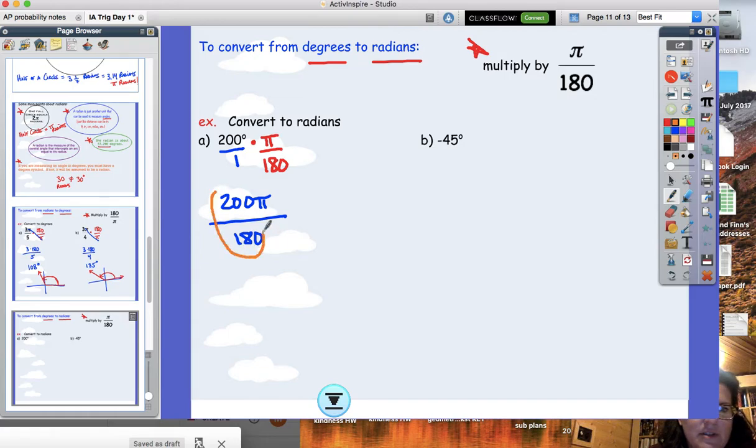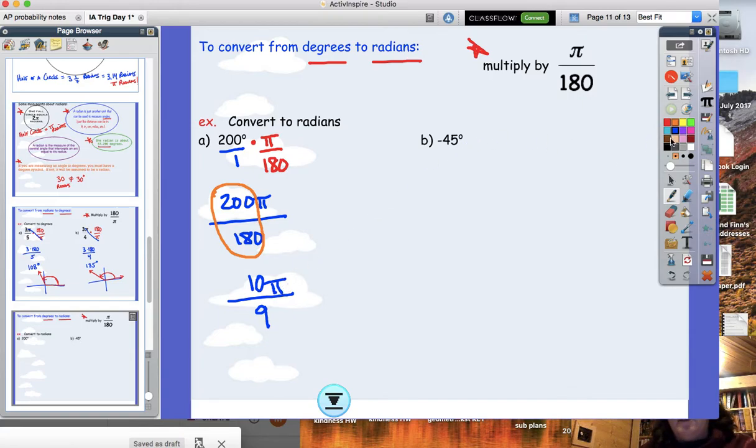So I'm going to reduce the number part of this. I'm still going to have a fraction, there's still going to be a pi on the top, but I'm going to reduce the 200 over 180. Now, if you type in 200 divided by 180 in your calculator, you're going to get 10/9. So 10 pi over 9, 10/9, and then a pi on the top. That is what it will look like in radians.